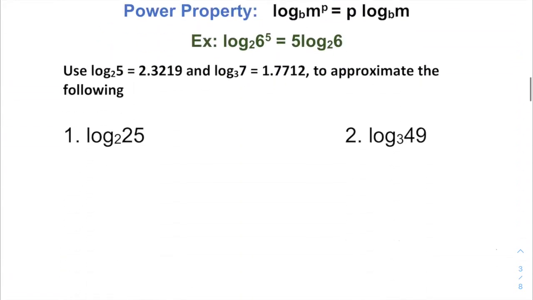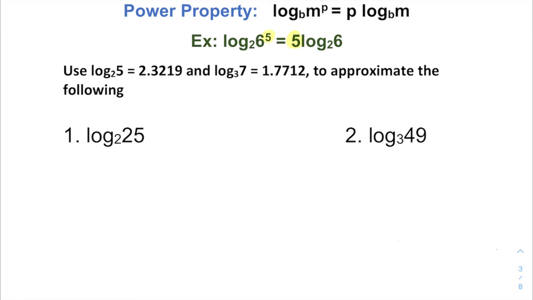Our third property is called our power property. This is when we have the log of a value raised to an exponent. We could actually take the exponent and multiply the log expression by it. So, for example, log base 2 of 25, problem number 1.